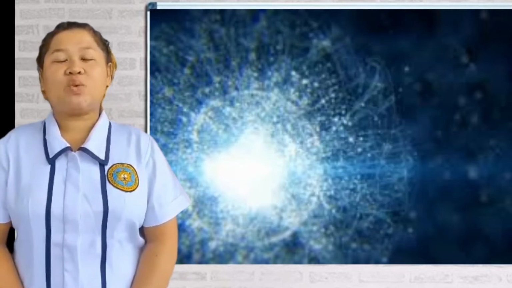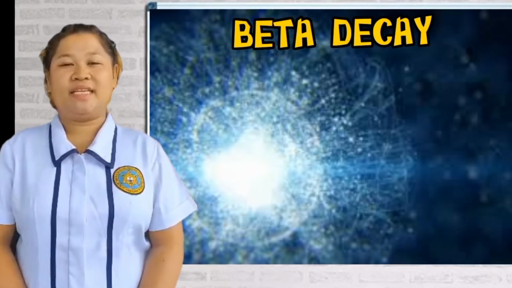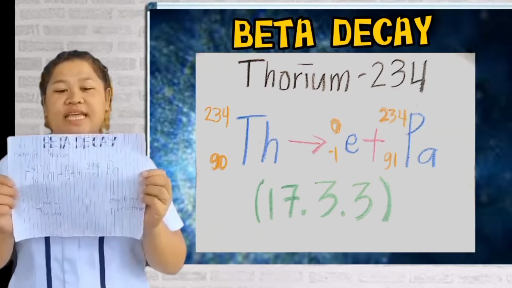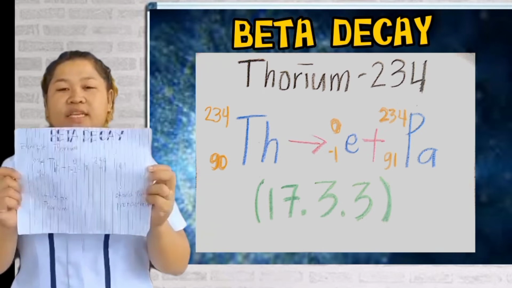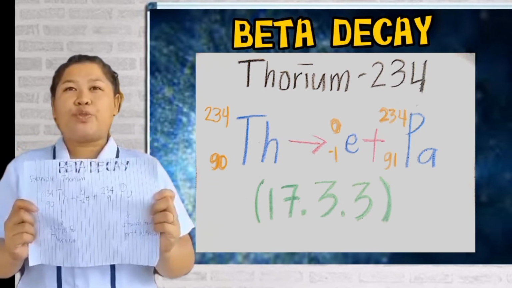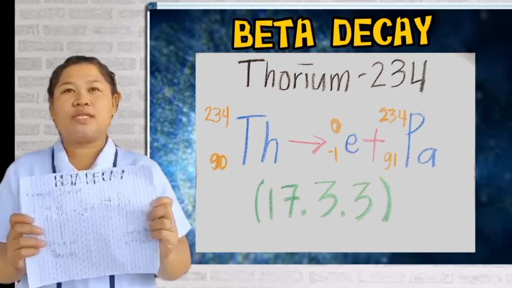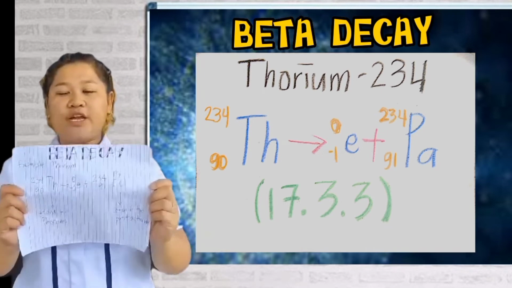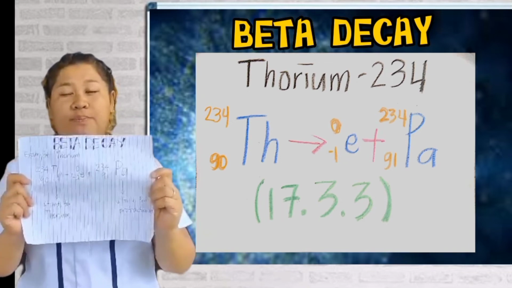The next that we will discuss is beta decay. This is an example of beta decay. Thorium-234 is a nucleus that undergoes beta decay. Here is the nuclear equation for the beta decay.